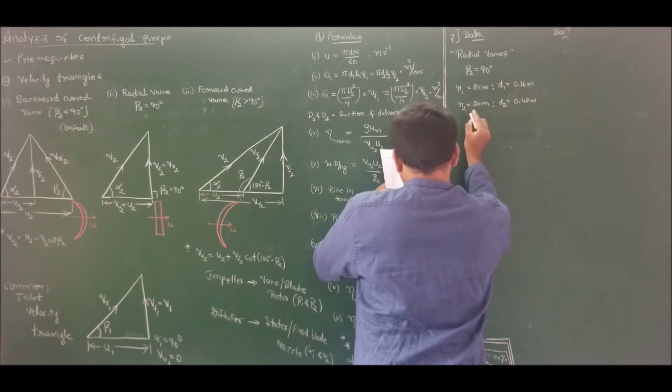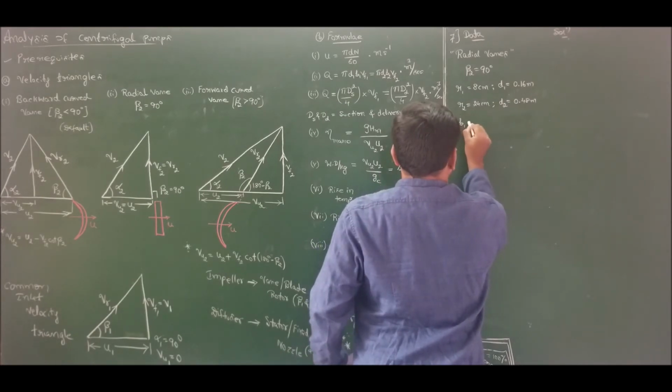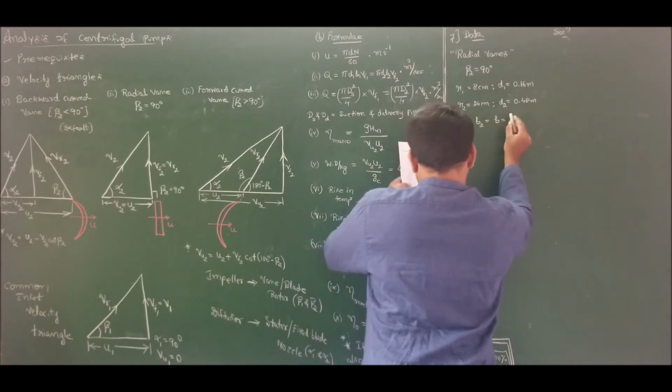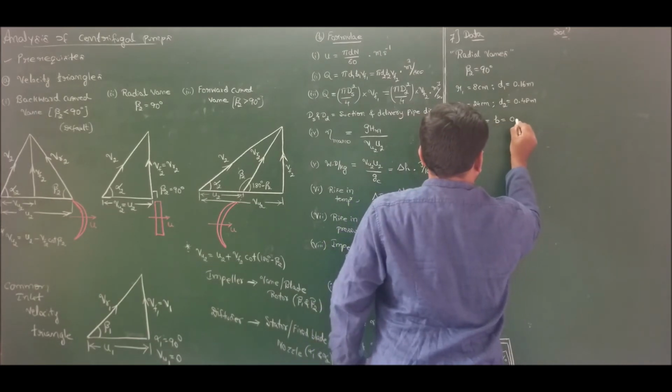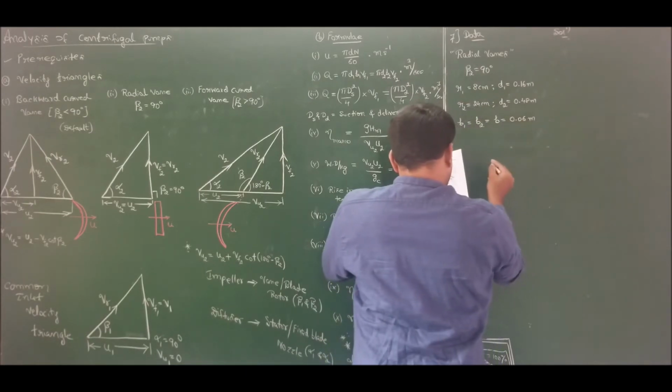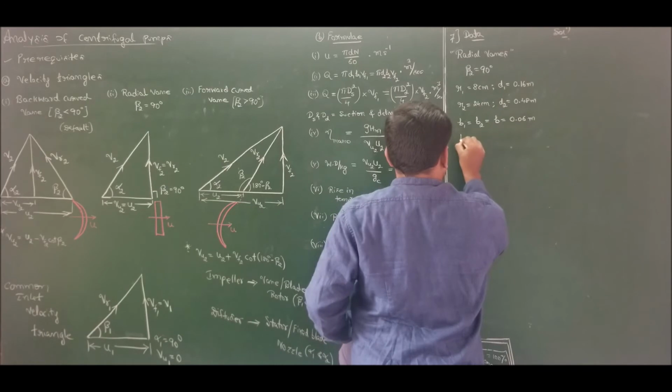The width of the impeller is constant, that is B1 is equal to B2, which is equal to B, which is 6 centimeter between the shrouds, that is 0.06 meters. The speed is 1500 rpm, so N is 1500.